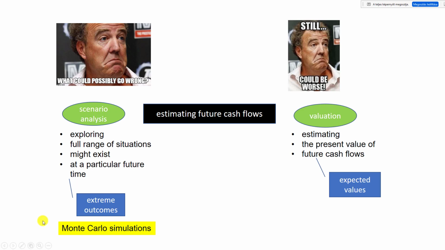So that's why in scenario analysis we are stressing the result in the case of valuation, and we can run Monte Carlo simulation, just not in this section. Quoting Jeremy Clarkson, we can say that it still could be worse. This is the expected value, or what can possibly go wrong scenario when we have the scenario analysis.